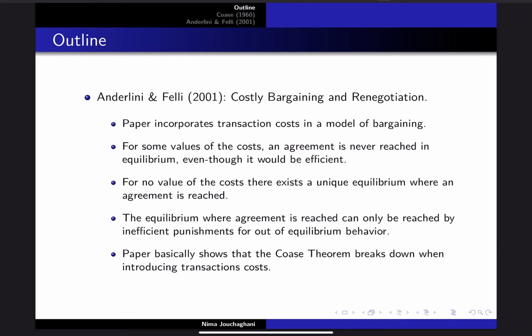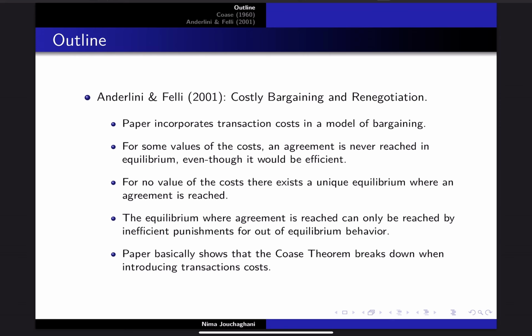You're simply assuming that as long as we're in equilibrium, the participants of the market behave efficiently, and once you're out of equilibrium, they're using inefficient punishments. There is a contradiction there. So there is an issue with using this kind of reasoning to derive an equilibrium, and this makes the equilibrium where you would have an agreement a little bit problematic.